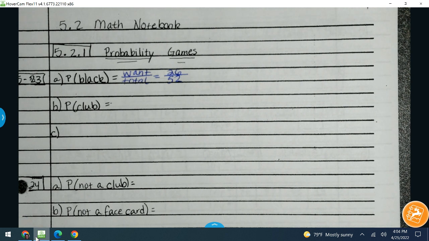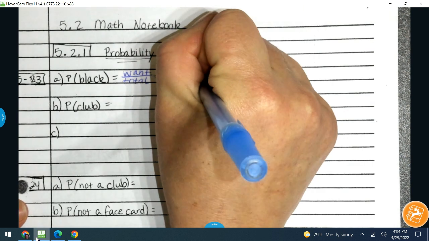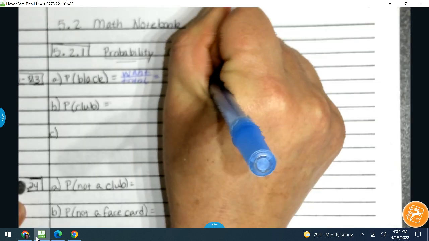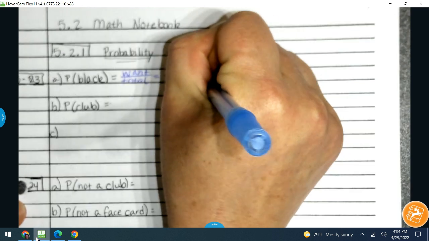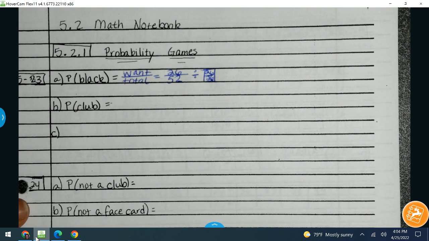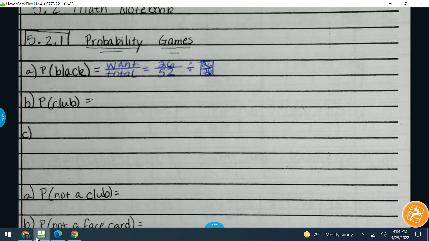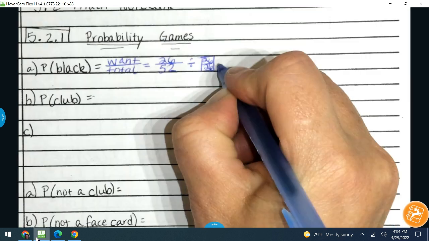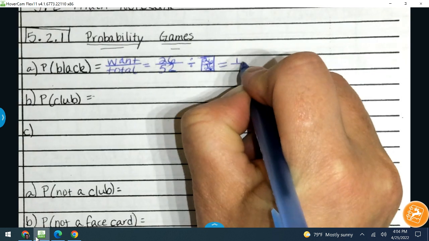But I need to reduce this fraction, which means I'm going to divide it by a giant 1 in the form of 26 over 26, like that. And I'm going to get a fraction of 1/2.